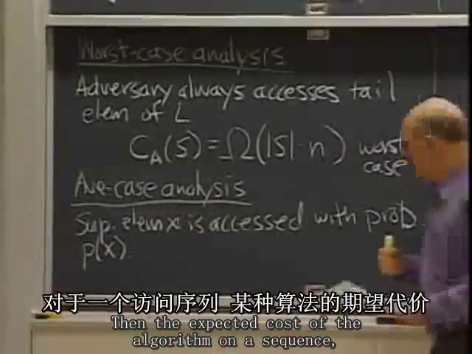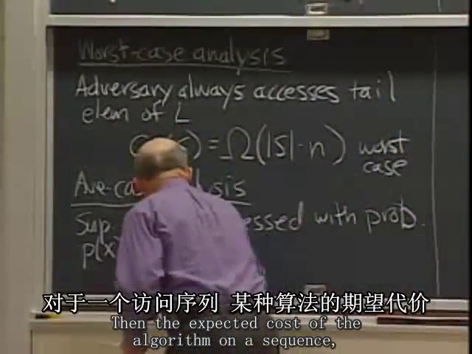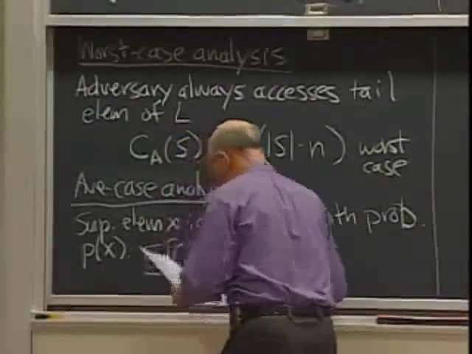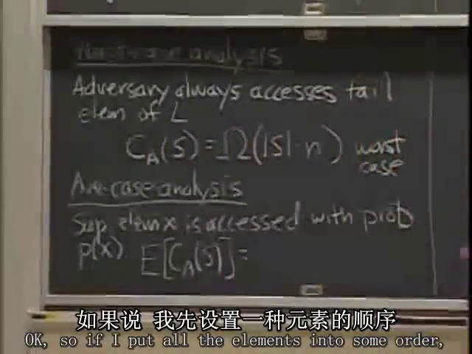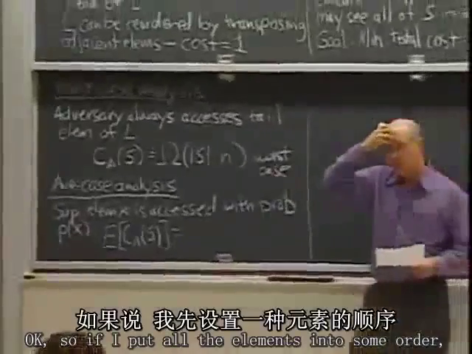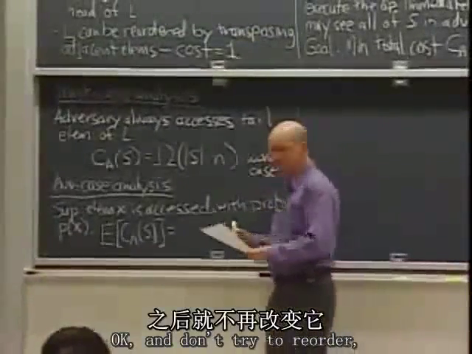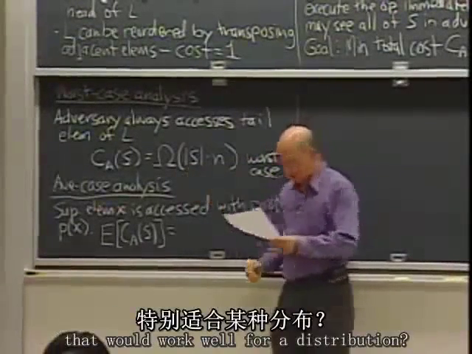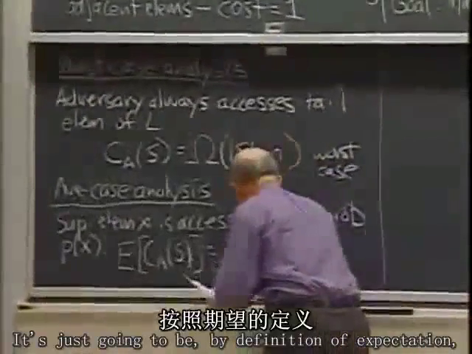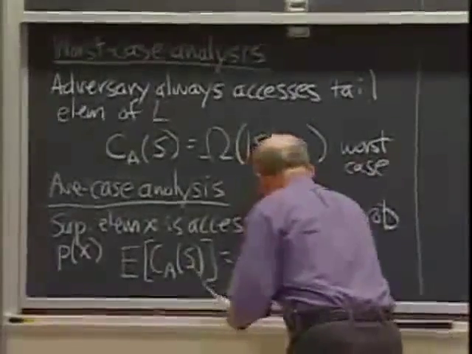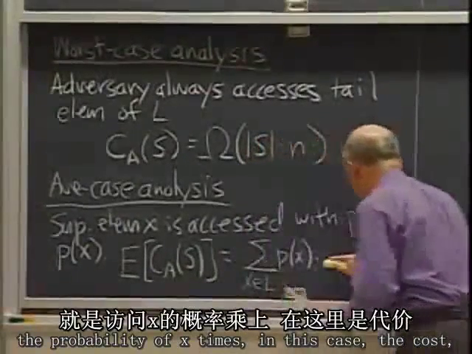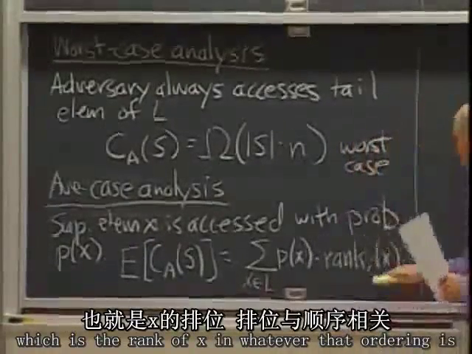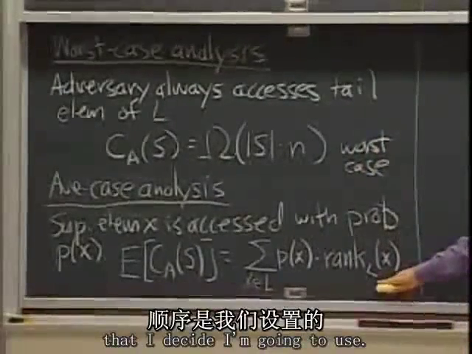Then the expected cost of the algorithm on a sequence is, if I put all of the elements into some order and don't try to reorder, but just look at whether there is a static ordering that would work well for that distribution, by definition of expectation, the probability of X times the cost, which is the rank of X in whatever ordering I decide to use.